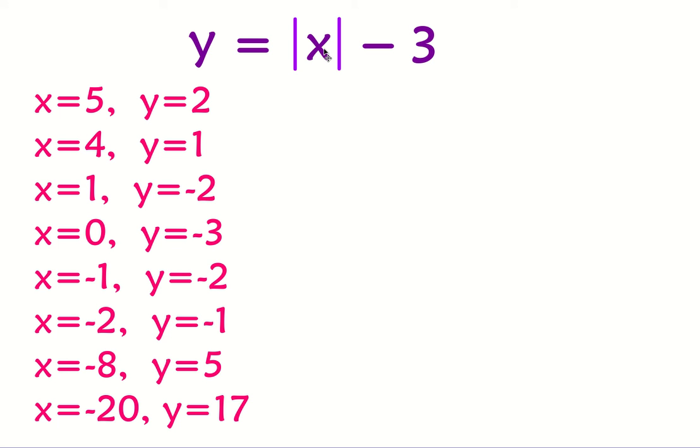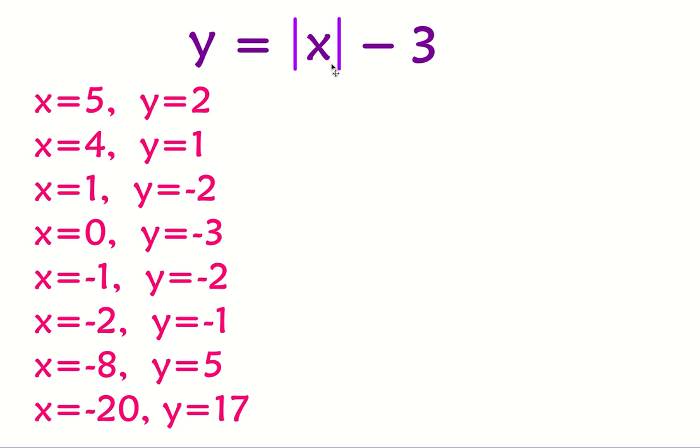Now, as far as the range is concerned, can y equal anything? Are we potentially having y equal every number, or are there certain numbers that y would never equal, no matter what you plugged in for x? Like, the absolute value of some number minus 3, are there numbers that y could just never be?